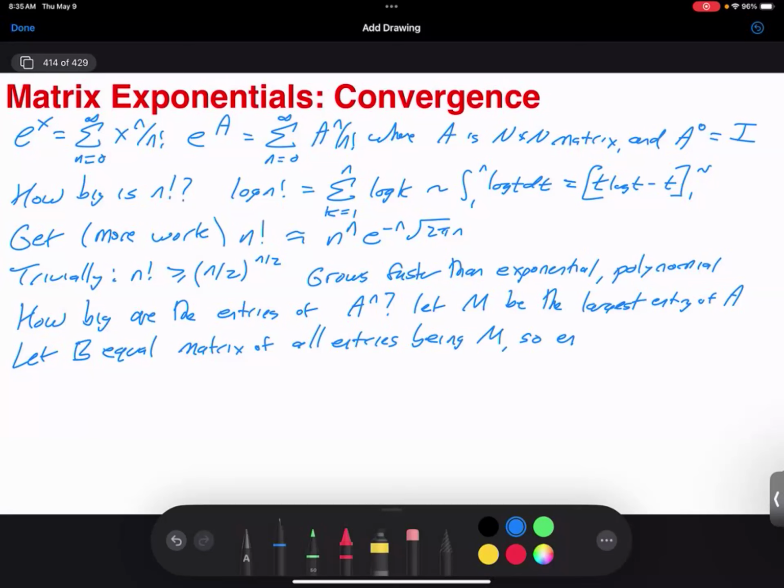So entries of A to the n in absolute value will be less than or equal to entries of B to the n in absolute value. So why is that true? So I take all the entries of A and I replace every entry of A with the maximum value. I'll say the absolute value of the largest entry of A.